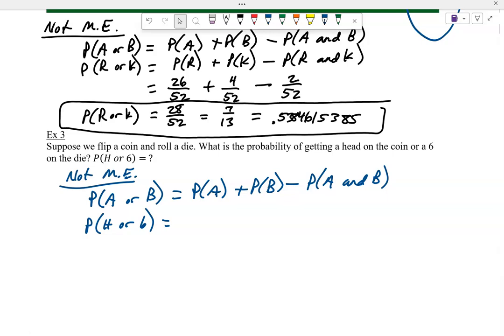A winner is a head or a 6. Either one's a winner for us. We just want one of them to occur. Does that make sense? So it's the probability of flipping a heads plus we're adding in the probability of rolling a 6, but we have the double count that we got to subtract out.